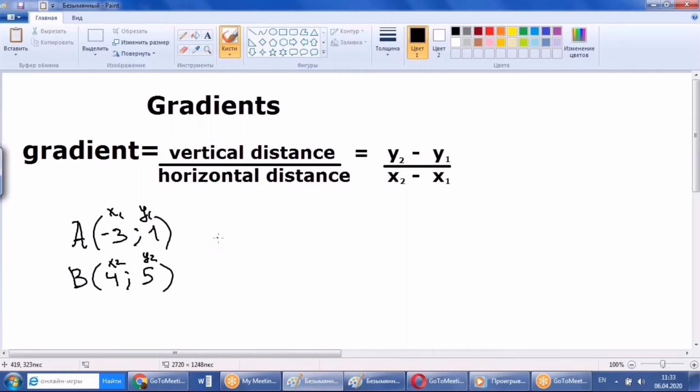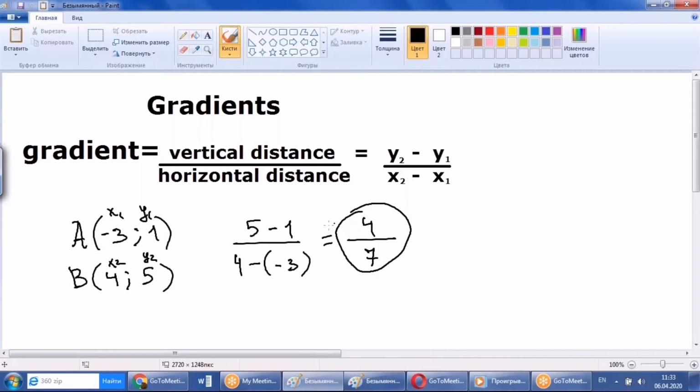So to find the gradient, we use the formula y2 minus y1, 5 minus 1, divided by x2 minus x1, 4 minus -3. So 5 minus 1 is 4, and 4 plus 3 is 7. So our gradient is equal to 4 over 7.